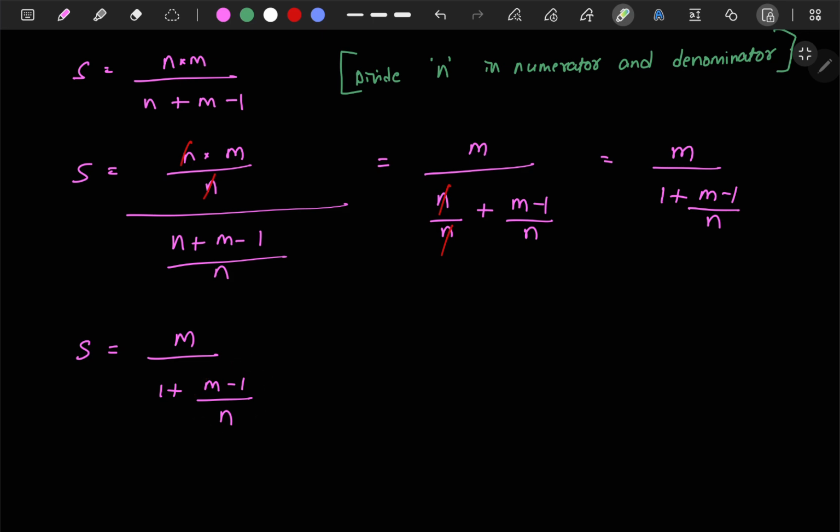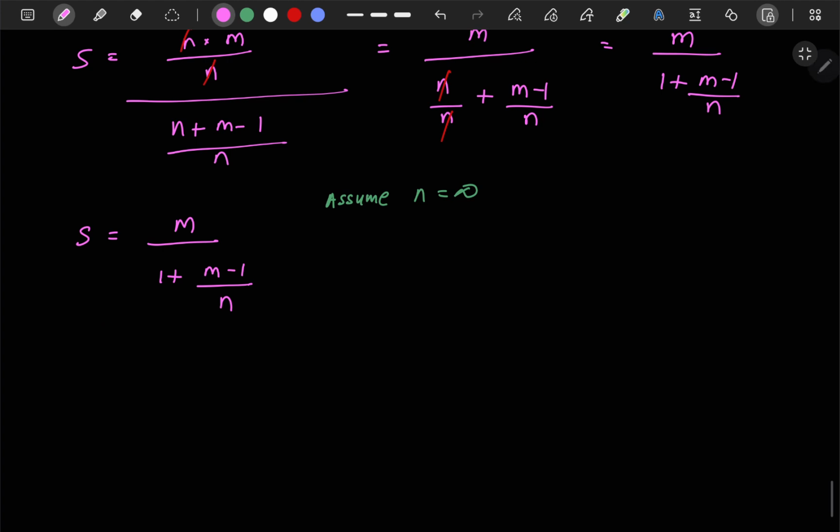For that, you have to assume n equal to infinity. What is the meaning of it? The meaning is that you have to give an infinite number of instructions to the pipelining. I will explain, I'm coming to that part.